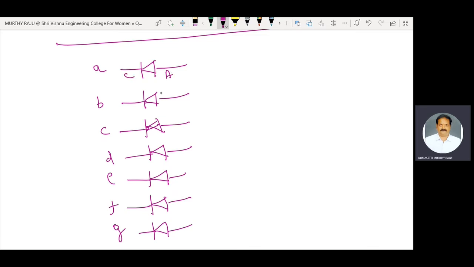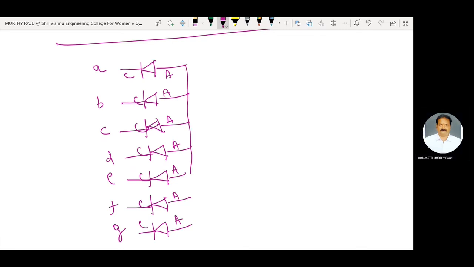This one is anode, cathode, anode, cathode, anode, cathode. All the anodes are combined and connected to a common point, which is VCC.